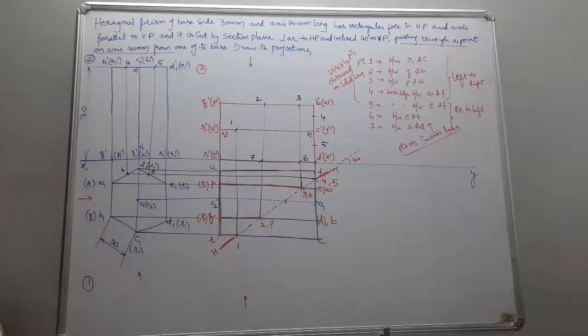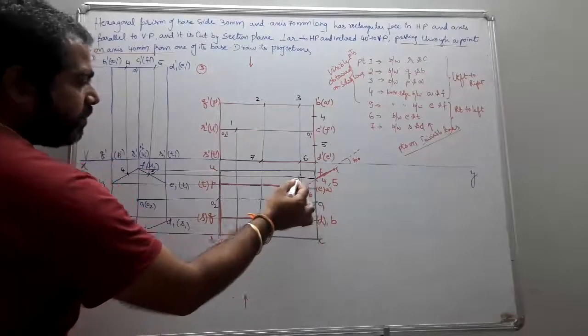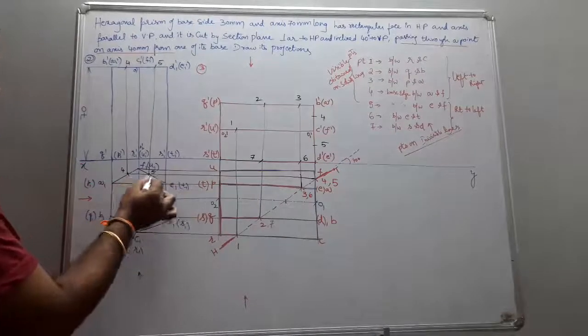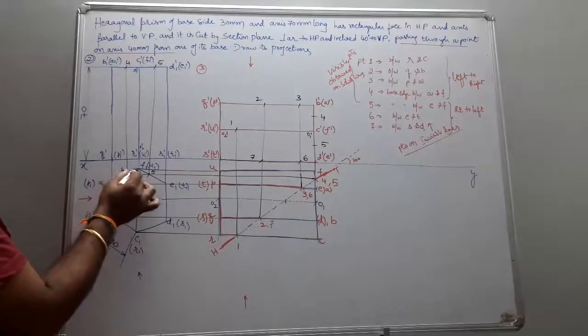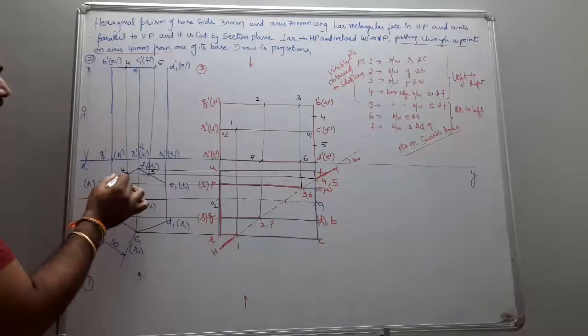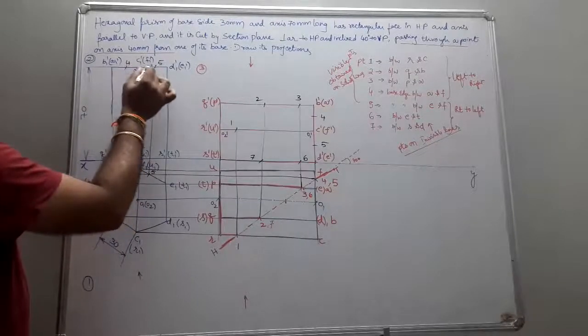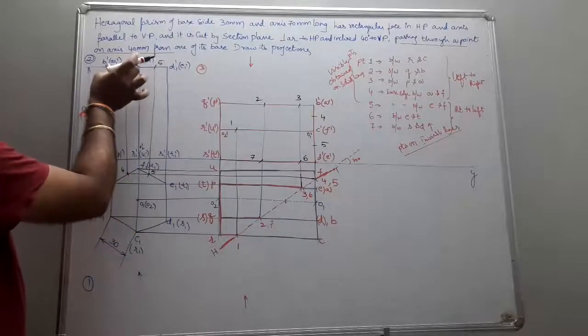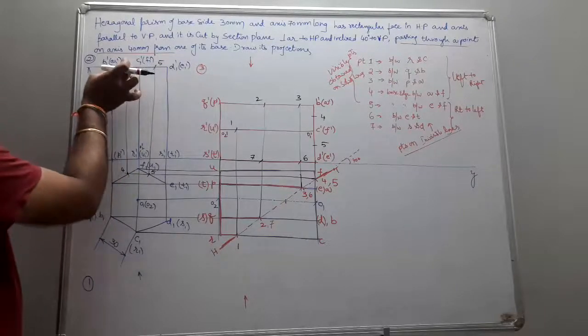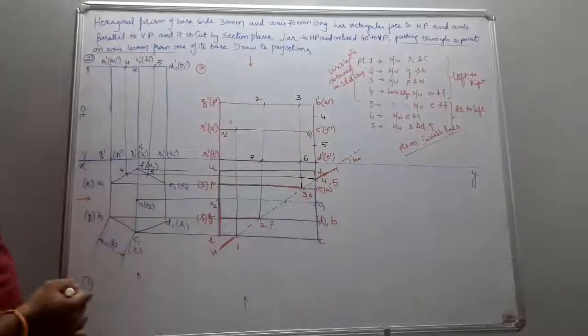If you project 4 and 5 directly towards the base, they will coincide with the base edge. For that reason I project my points to the respective positions on the base, in between A and F and E and F. I take this radius from here and place it here.